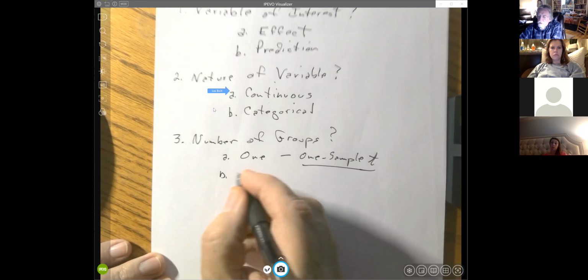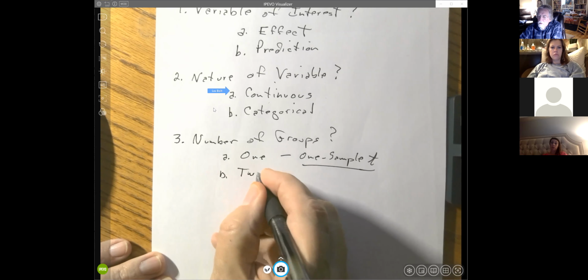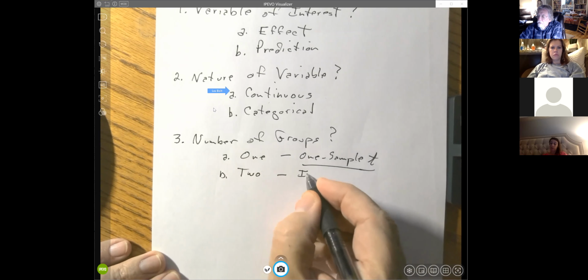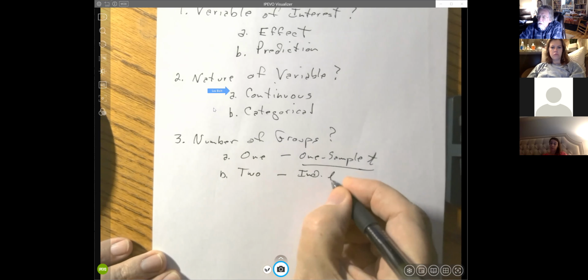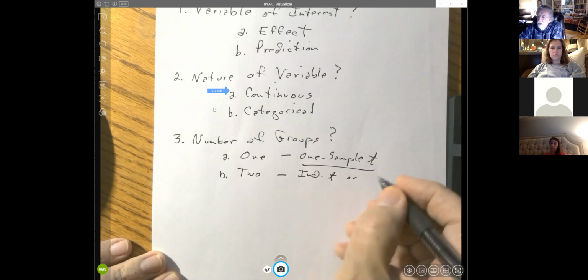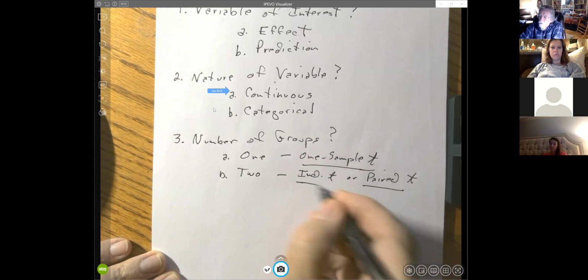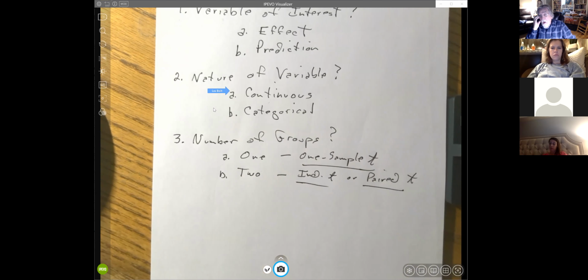If it's two, that's going to be either an independent t or a paired t, depending on whether it's pre-post or not pre-post. And if it's just two groups, then it's an independent t. If it's a pre-post setup, then it's a paired t.